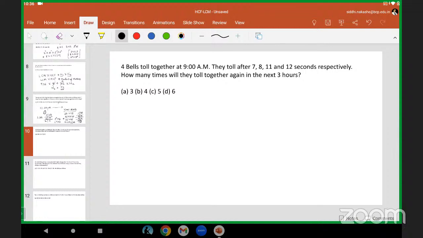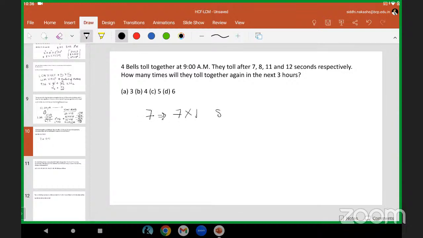Again similarly, there are four bells, and we have to find how many times they will toll together in the next 3 hours. Again, we need a common multiple, so we'll go with LCM. That is 7 is 7 into 1.